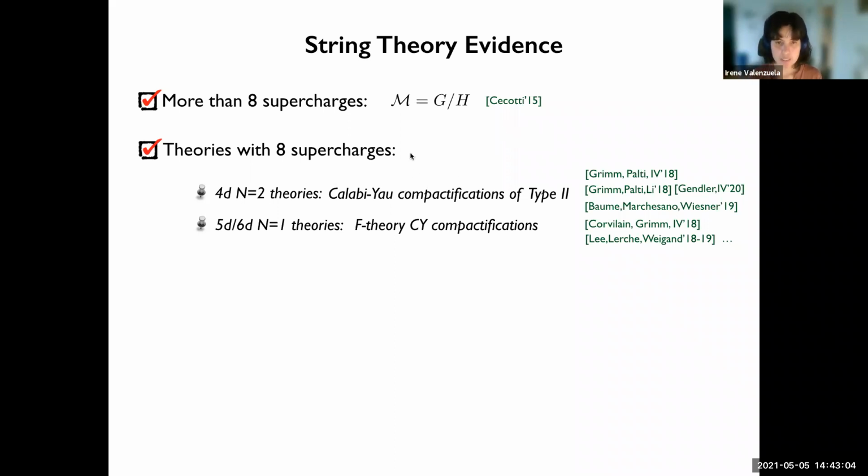But with 8 supercharges, the story is less trivial, it's much more complicated. And in the past few years, there has been a lot of work trying to identify exactly what are the towers that become light at all possible infinite distance limits that you have in Calabi-Yau compactifications of string theory or F-theory.